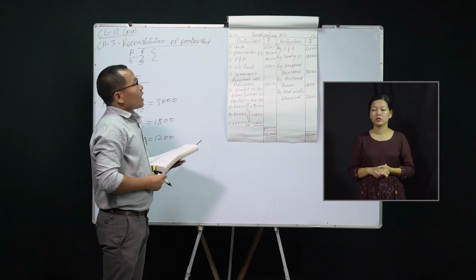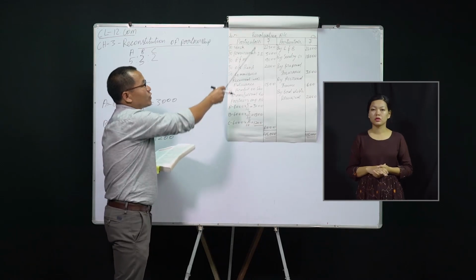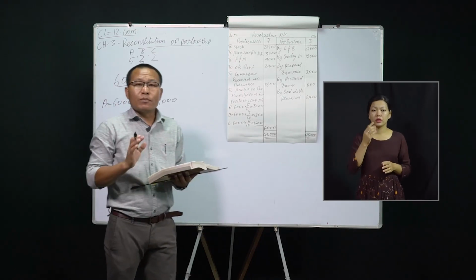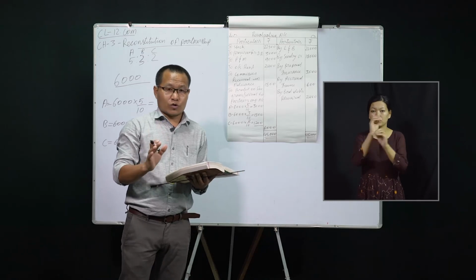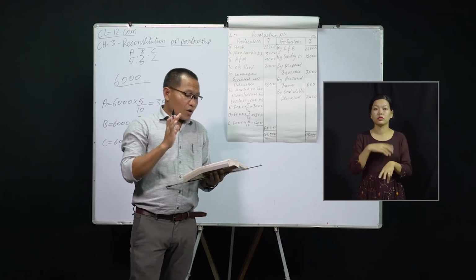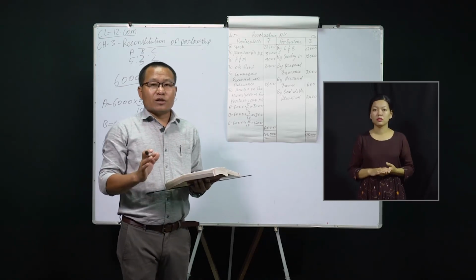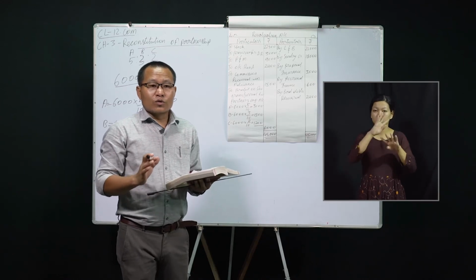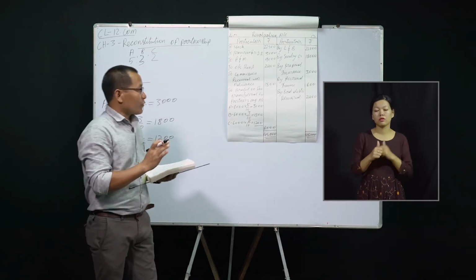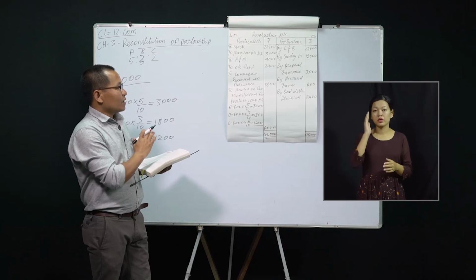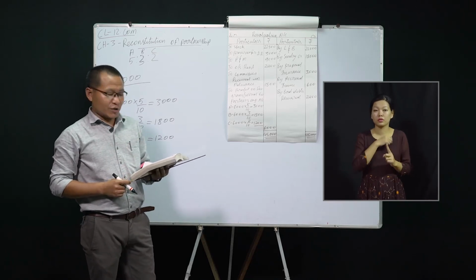Unless you prepare this revaluation account, you will not be able to find out net profit and loss. So the revaluation account is a must to distribute the profit and losses among the partners of the partnership firm.